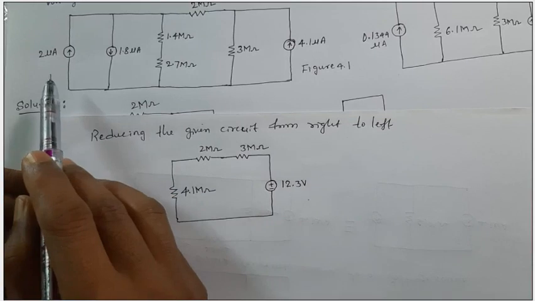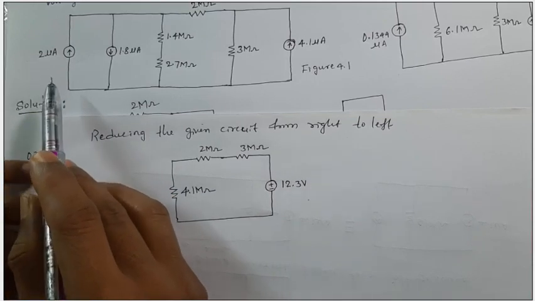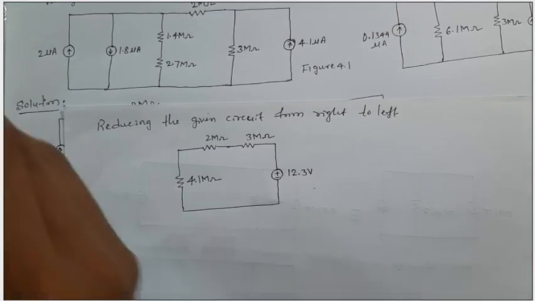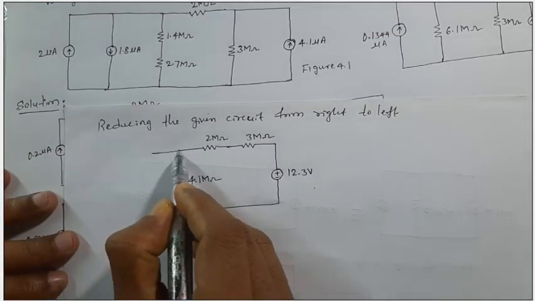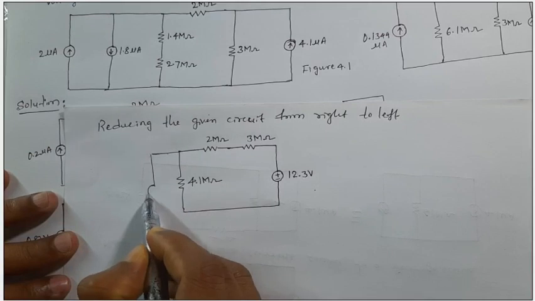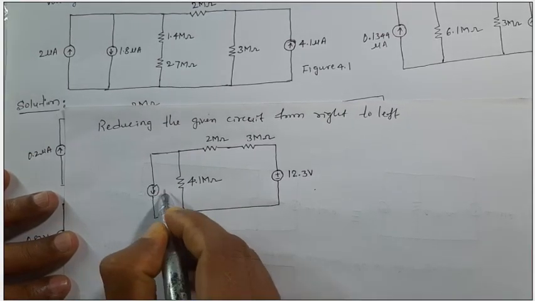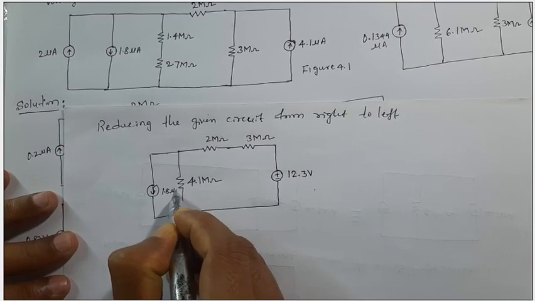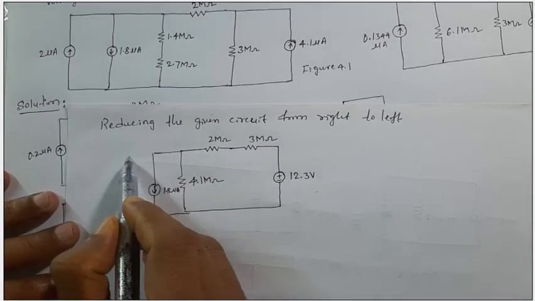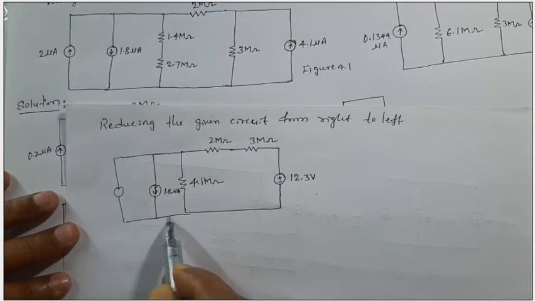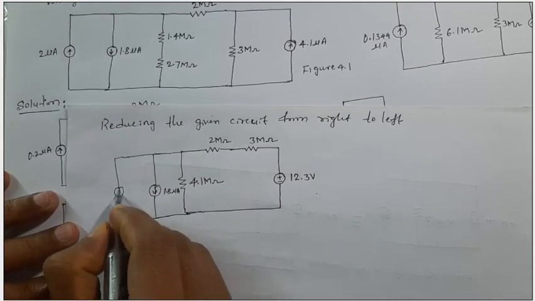And here, dear students, these two I will keep as they are, as of now. So one is 1.8 microampere and another one is 2 microampere. Even we can reduce, but later we will reduce it.